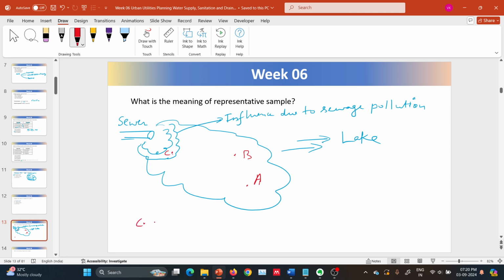So C can be taken as a representative sample.